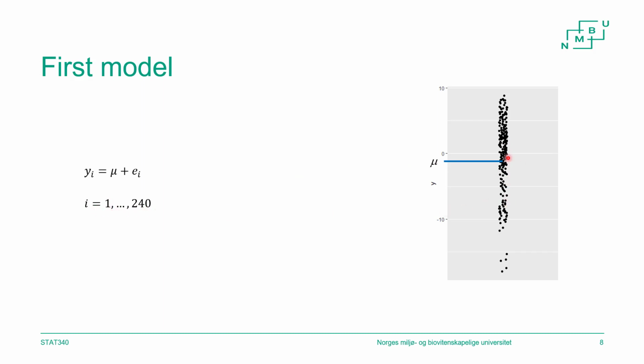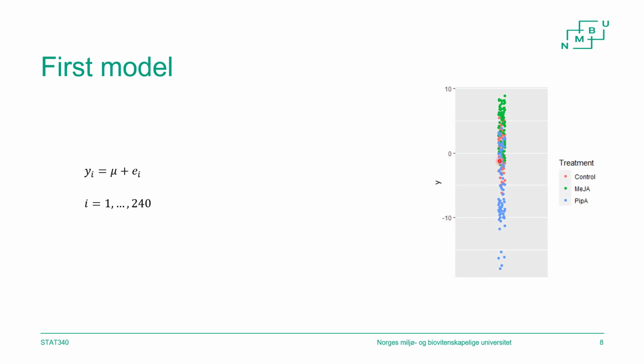So what I would now do is to color these dots, for instance, by this treatment. If we do that, exactly the same plot, but now we add colors because we know which observation comes from which treatment. And if this model is the correct one, then the colors should distribute randomly here.